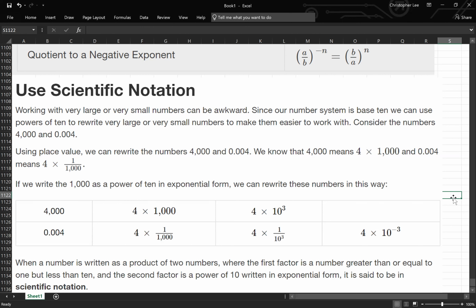Using place value, we can rewrite the numbers 4,000 and 0.004. We know that 4,000 means 4 times 1,000, and 0.004 means 4 times 1 over 1,000.